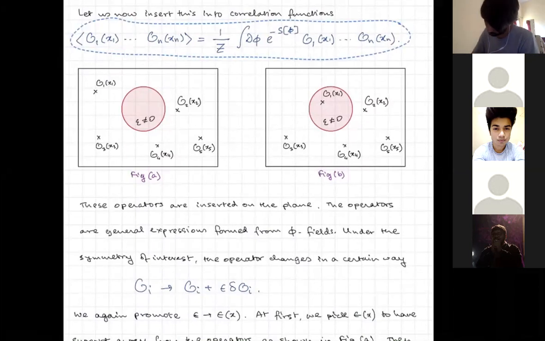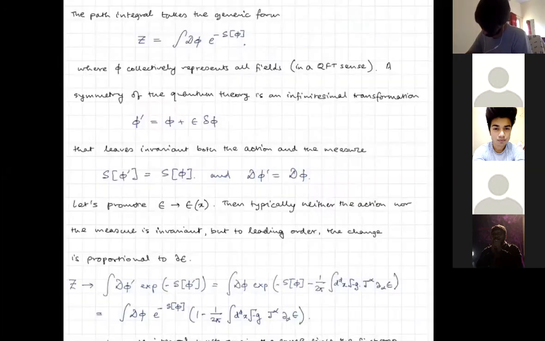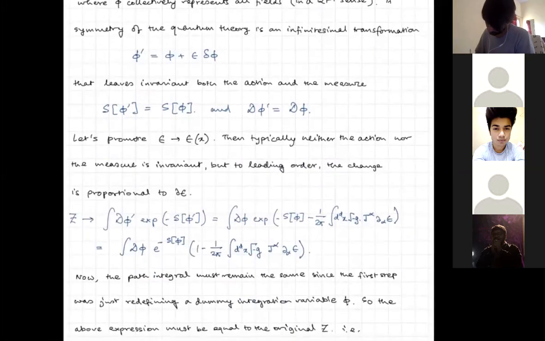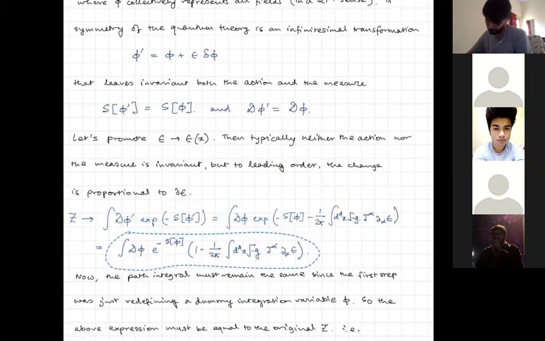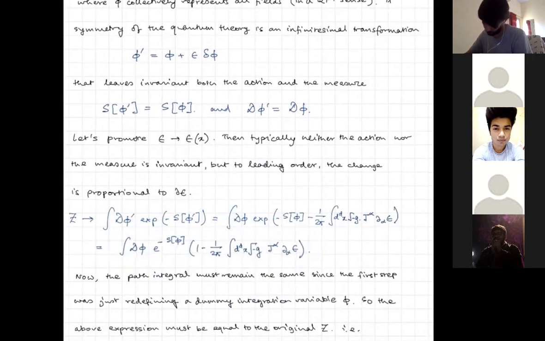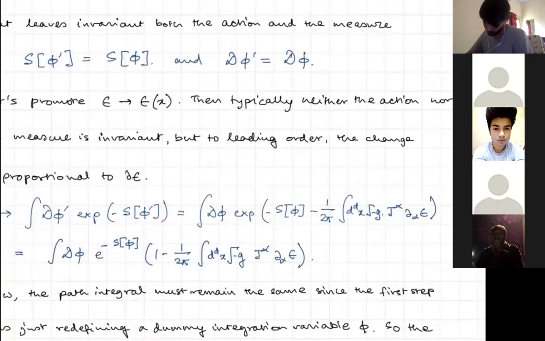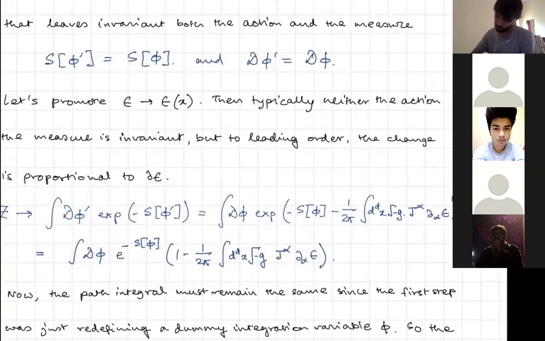So remember that the change that we had is going to be something like this. When we were looking at the change of Z, then we saw that the change of Z gives us something which is like this.